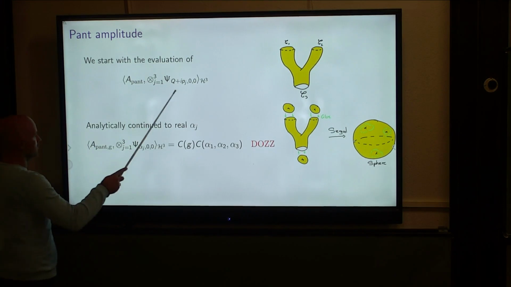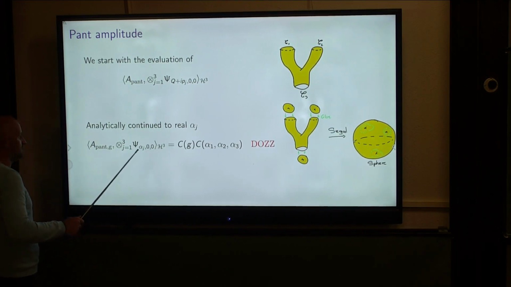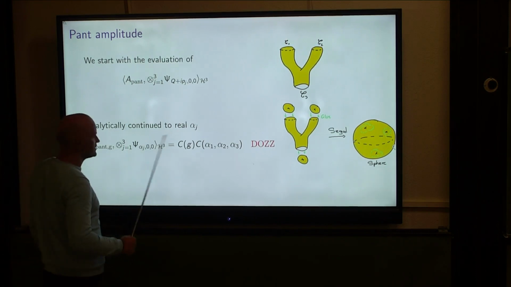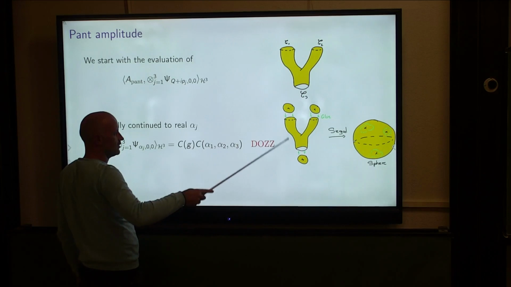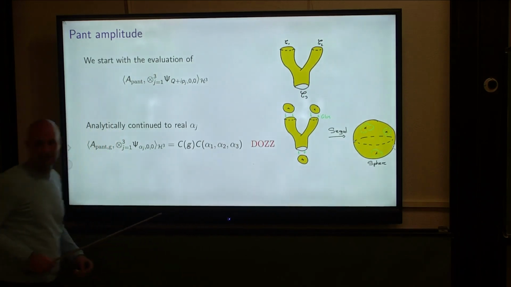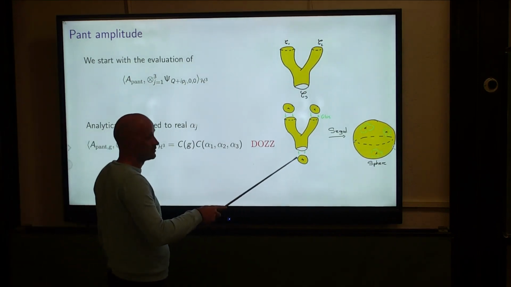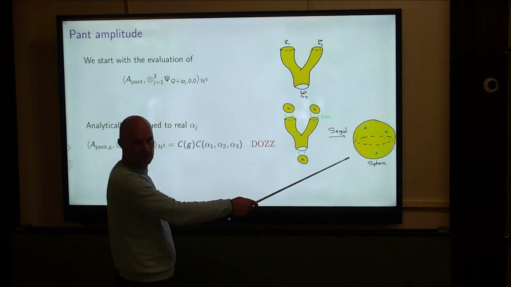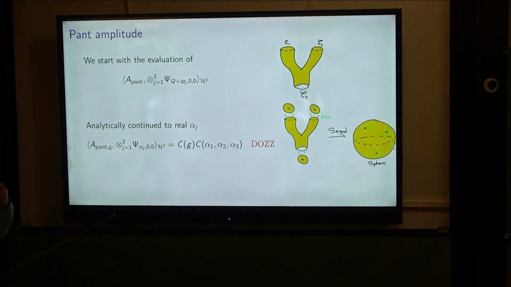So if you make the analytic continuation, you end up, in the case where the alpha j are real, with what Segal tells you: computing this quantity amounts to taking this pair of pants, gluing 3 disks at the ends, and computing. But if you glue 3 disks to a pair of pants, then you get a sphere, and if you get a sphere, then this guy is just a structure constant. Okay, it's the DOZZ formula.